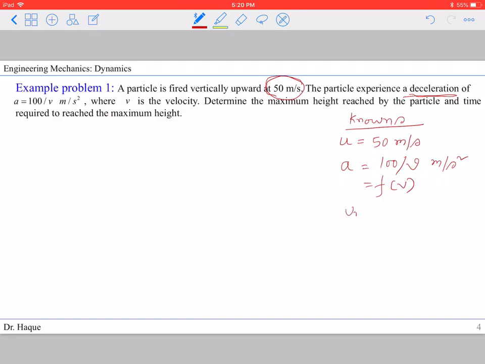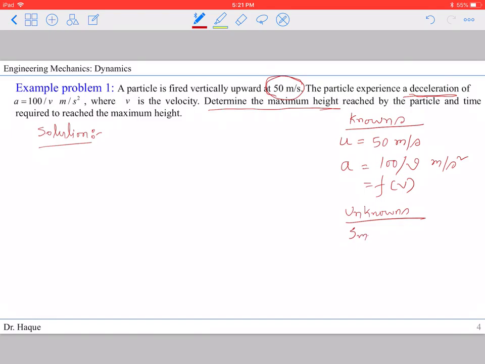So what are the unknowns? I always write the knowns and unknowns on the very right side, so I can start to find the solution here. Okay, so what are the unknowns? It says determine the maximum height.